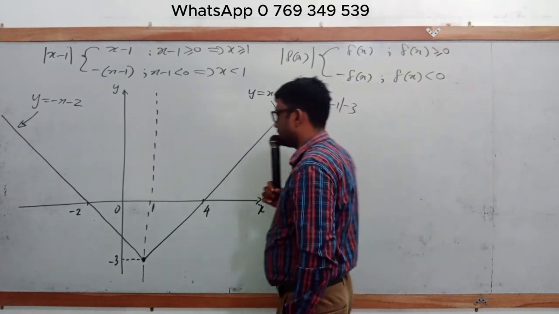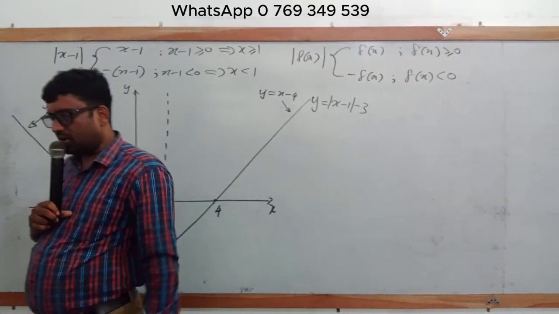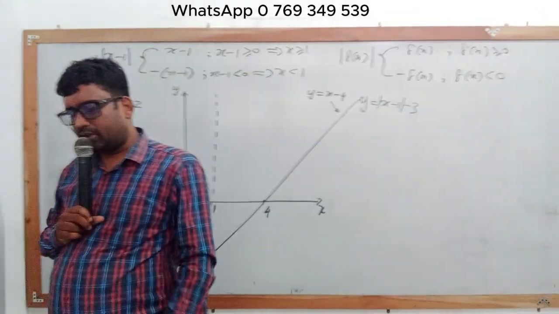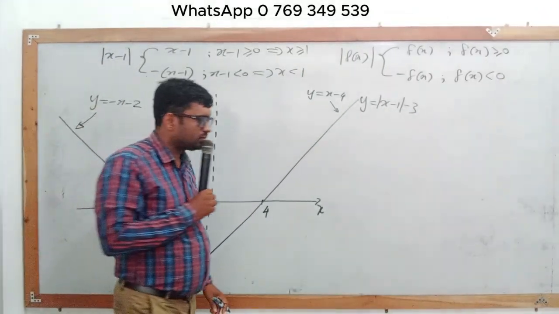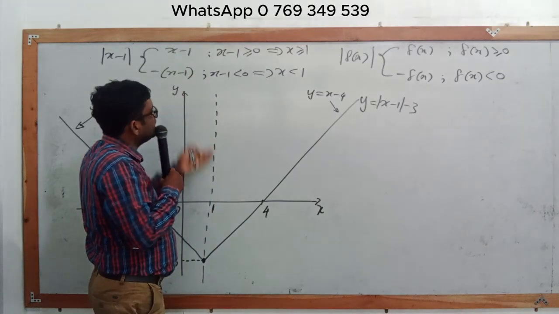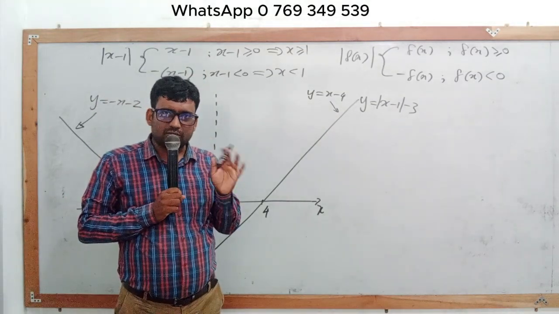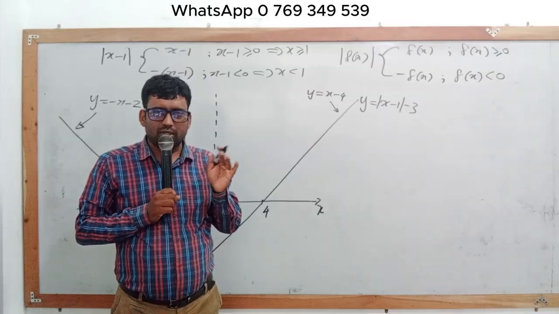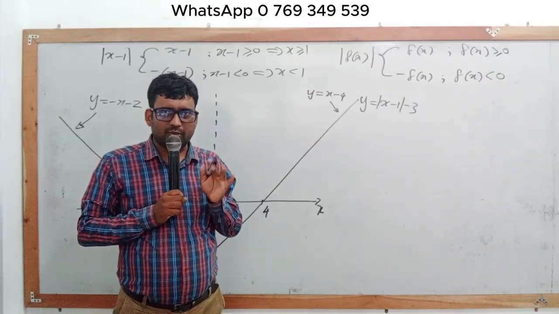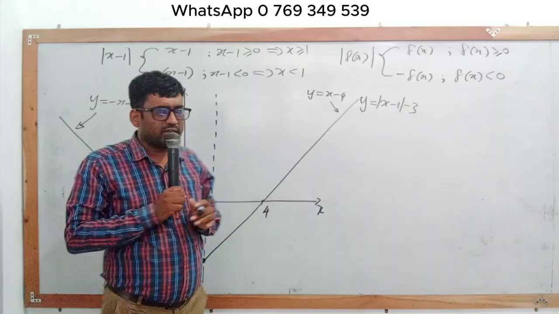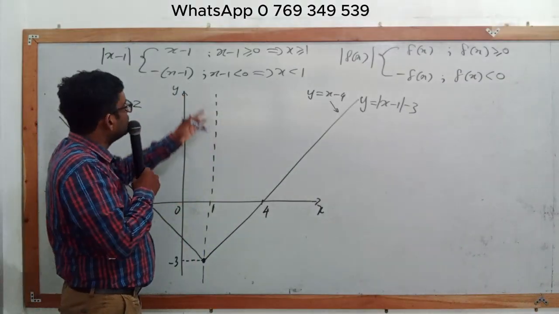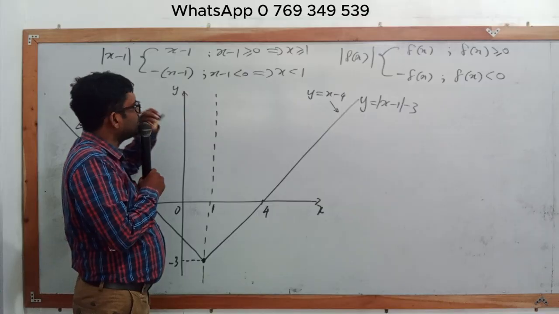Total graph like this. And next one, 3x plus 2 times modulus x minus 1. That one also is modulus like this one. For x minus 1, we are using this side positive. x minus 1 is positive.